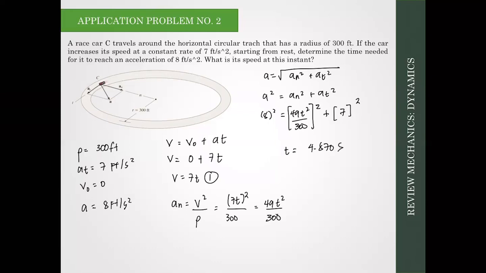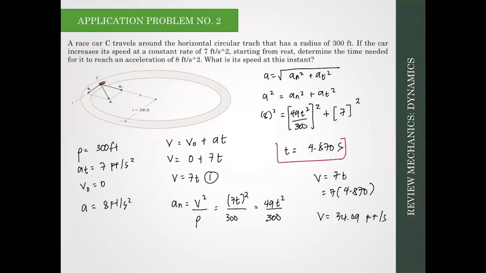4.870 seconds. Okay? Kung meron tayong value ng T, substitute natin sa V. So 7 times 4.870. So velocity natin is 34.09 feet per second. So determine the time needed.